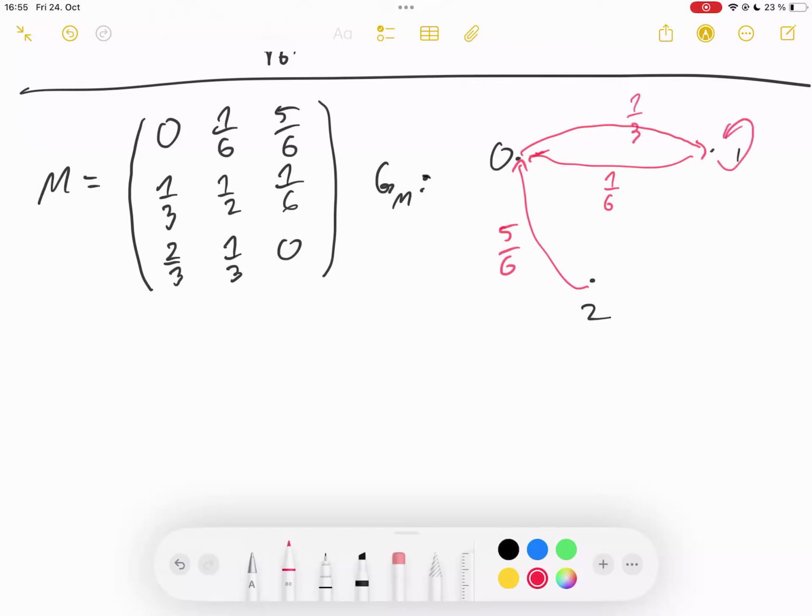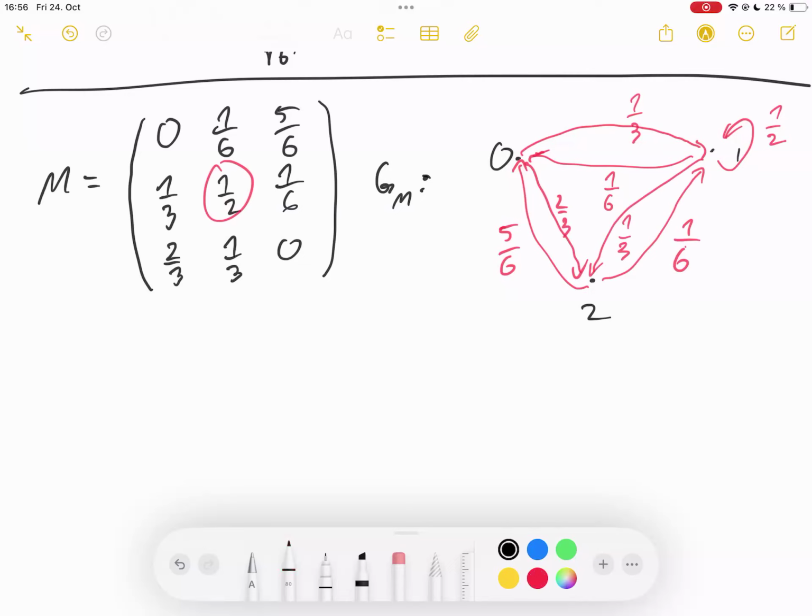We have a loop of a half, which is this one, and this 1/6 coming from 2 to 1. And then 2 has 2 incoming ones from 0, which is 2/3, and from 1, which is 1/3. You're all fine with this, right? Maybe thumbs up or thumbs down, but this is what we have done all the time today.